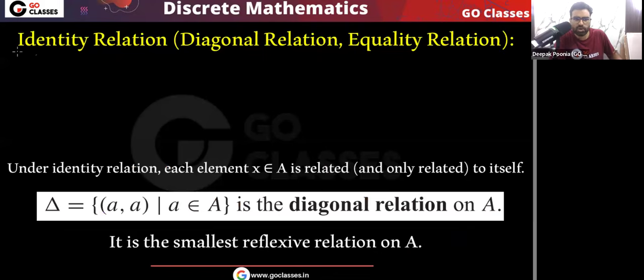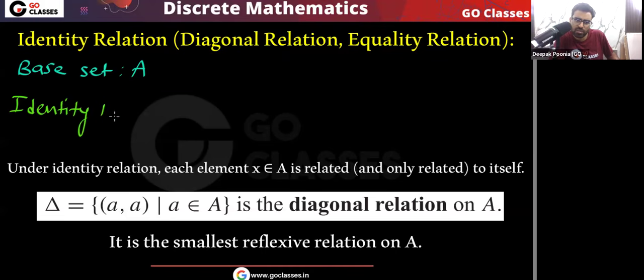So let me repeat, what is the identity relation definition? Another name is diagonal relation or equality relation. Remember, if you have any base set A, then what is the identity relation on A?